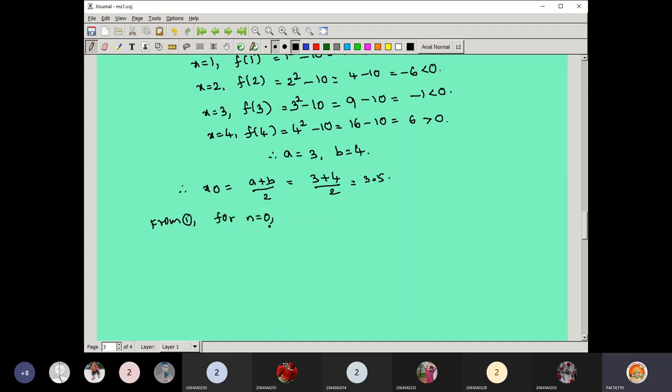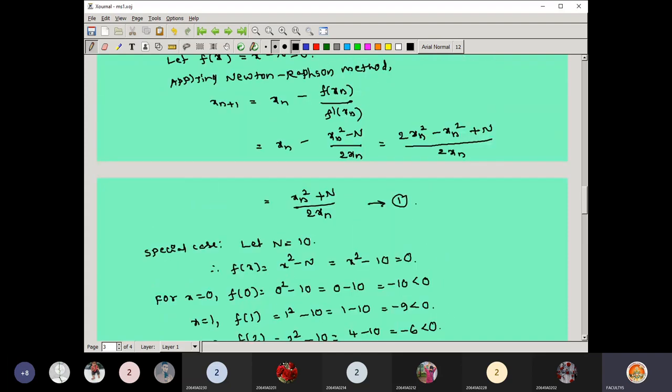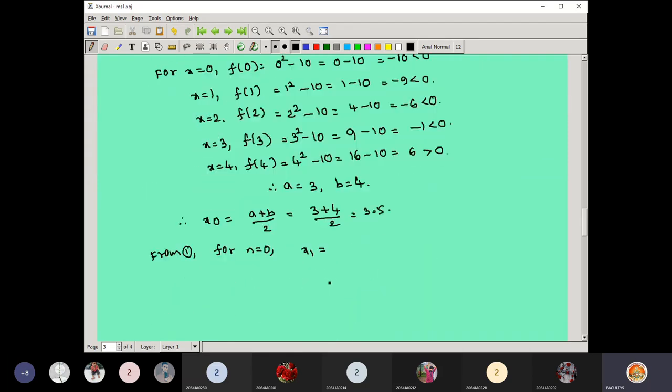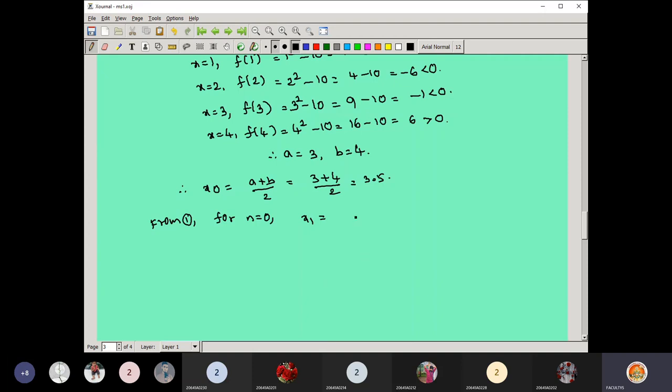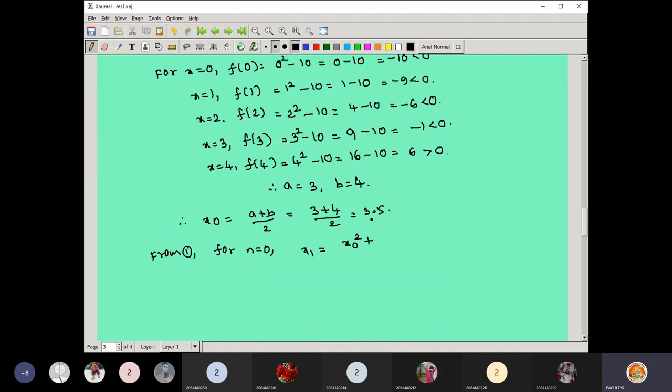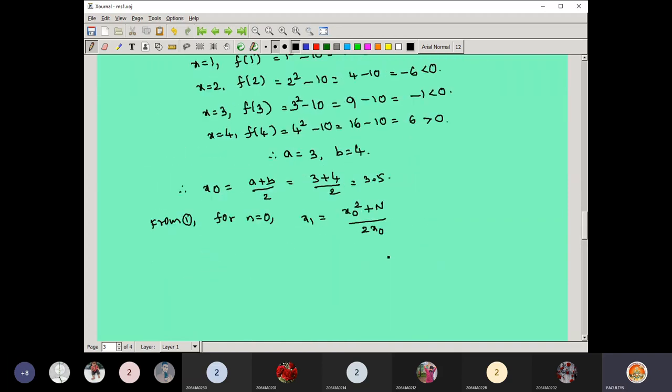So x1 equals x0 square plus, as per the formula, capital N divided by 2x0. I am just substituting n equal to 0 in your formula.